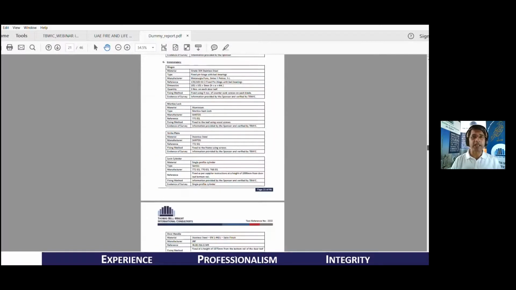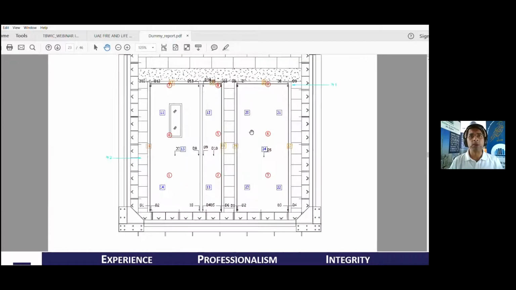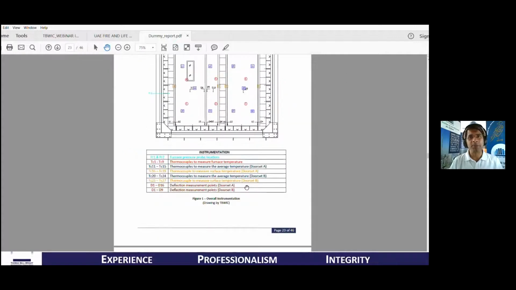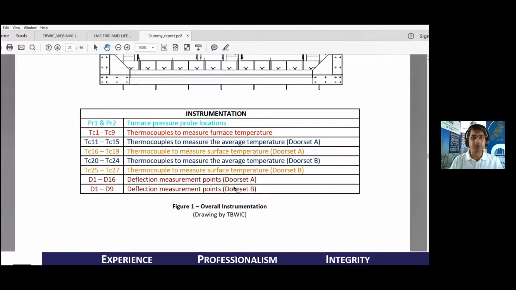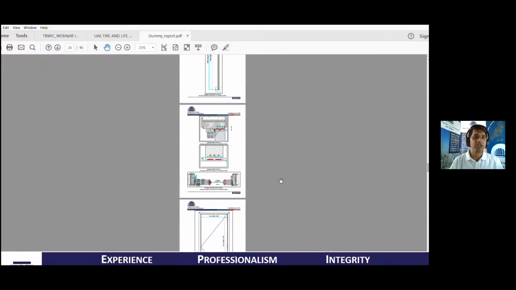So a test report captures this huge amount of data, and of course, the way it was installed, where all the thermocouples were placed, which all areas where temperature was sensed when the emulation was done.